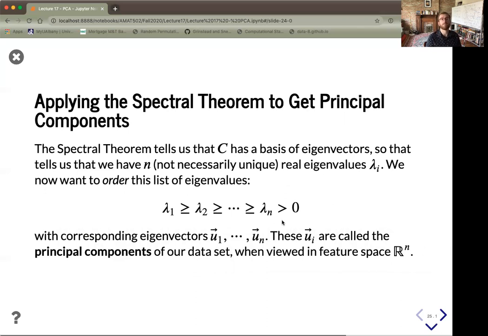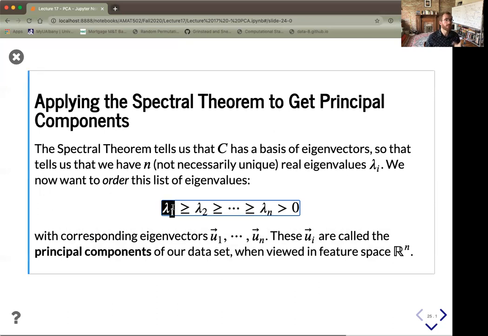And this is really the heart of principal component analysis. The spectral theorem tells us that C, which is 1 over n minus 1 times B transpose times B, can be diagonalized. And we know that its eigenvalues are real, so they're all elements of the real line. We can order them so that we have our largest eigenvalue, which we label lambda 1, then our next largest lambda 2, and so on.